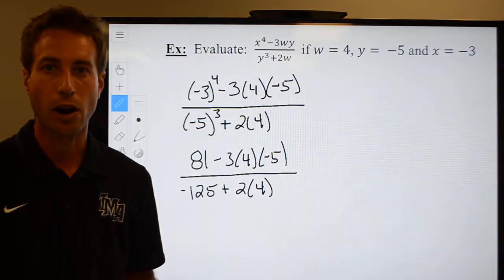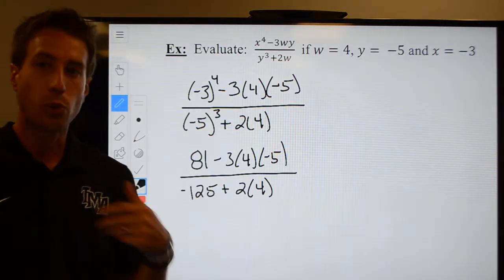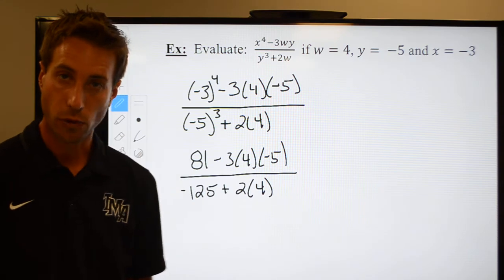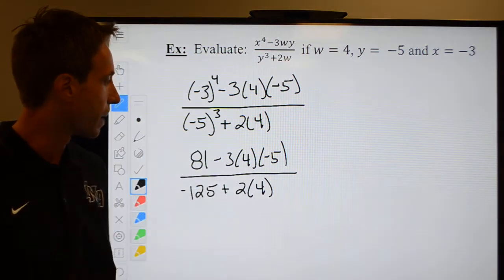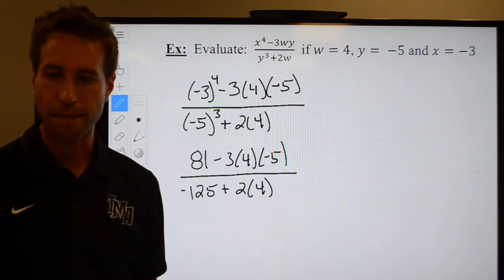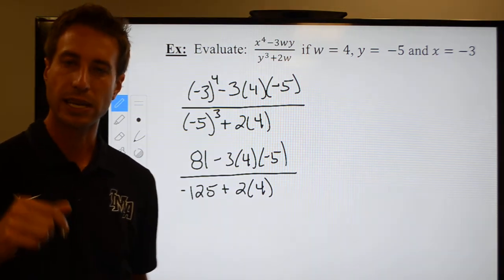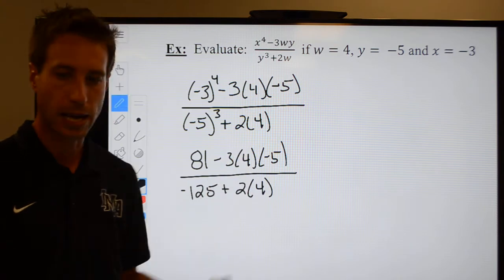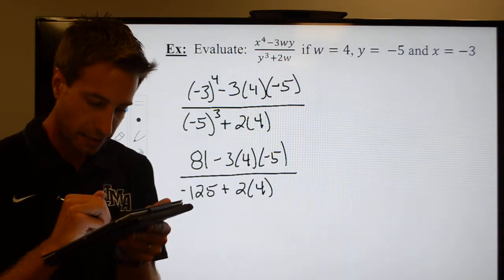Now that I've taken care of all of the exponents, we're going to continue to perform the order of operations inside each of my groups. The next thing is going to be multiplication from left to right. When I multiply 3 times 4 times -5, I get -60.